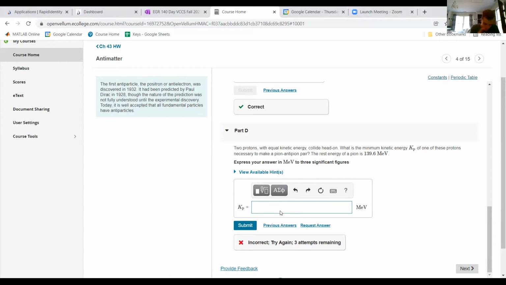So that would allow for conservation of energy. Conservation of momentum, if you're in the center of mass frame, could be 0, so you don't necessarily have to have them have any momentum. So for each proton you have 938.3 plus K_p, and then that's multiplied by 2 because you have 2 of them, then 2 times 139.6 is on the right hand side of the equation.